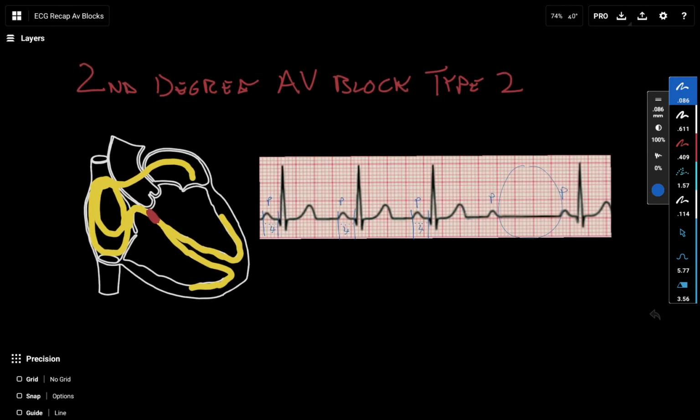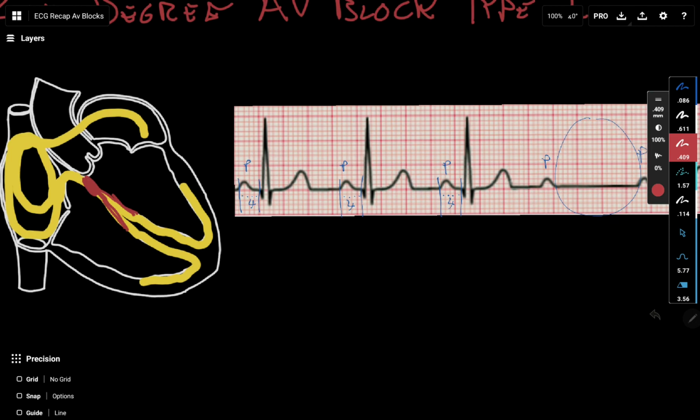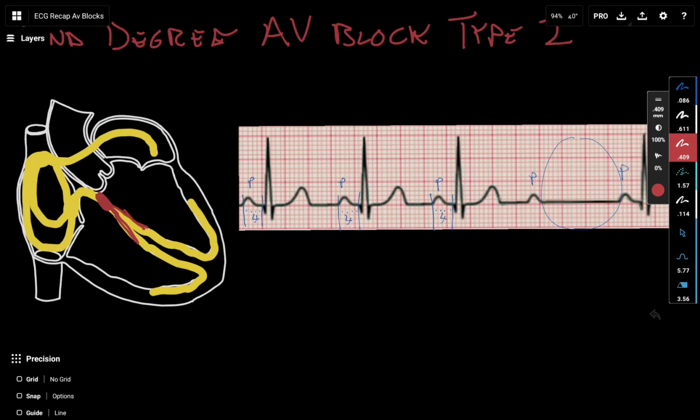Your second degree AV block type 2 instead, the problem is in your Purkinje system. So anywhere from your Purkinje fibers all the way down here, the problem is somewhere there in the fibers, which means the issue is more like a structural damage of your fiber.